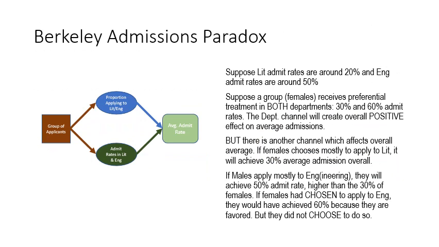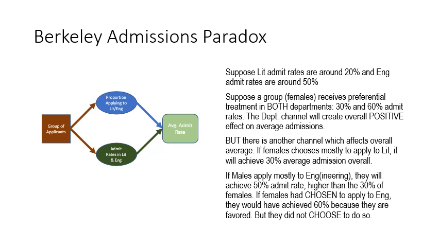We can revisit the Berkeley admissions paradox and see that it is a case of the same phenomenon. There are two mediating factors which determine the average admission rate for any group of applicants. One is the admission rates in the two departments, and the other is the proportion applying to the two departments. So suppose that for one group, like females, the admission rates are higher in both literature and engineering. This will have a positive effect on the average admit rate.